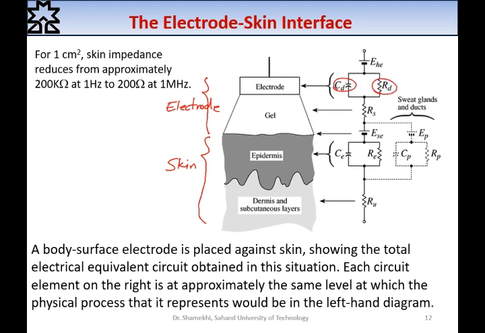These elements are for the electrode and RS for the gel or electrolyte. And also we have a voltage source here for modeling the half-cell potential.